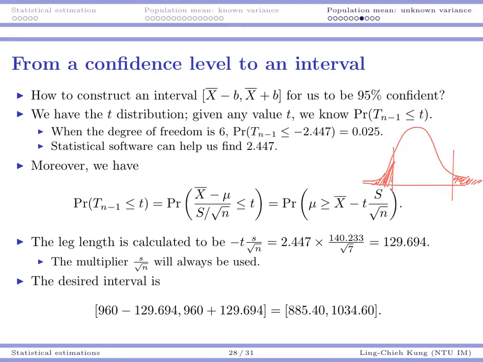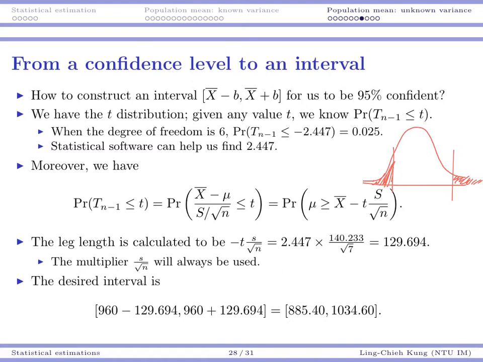So I can switch the terms and show that this is just the probability for mu to be greater than or equal to x bar minus t times s over square root of n. So what's that? That's the probability for my capital X, for my s, to give me a value that is so small.